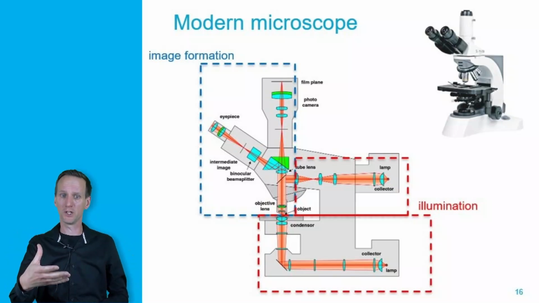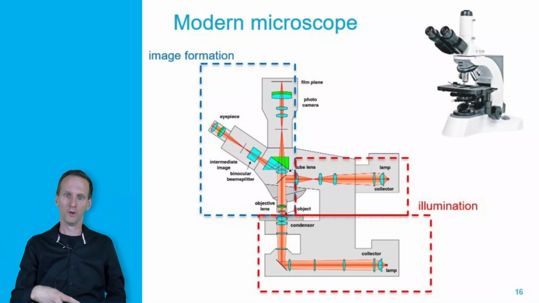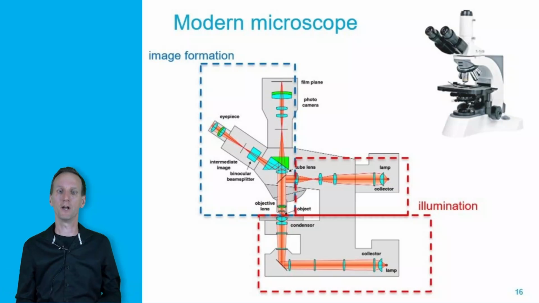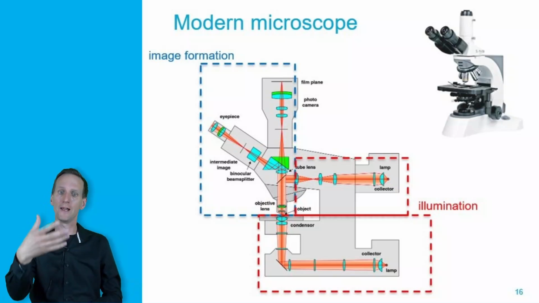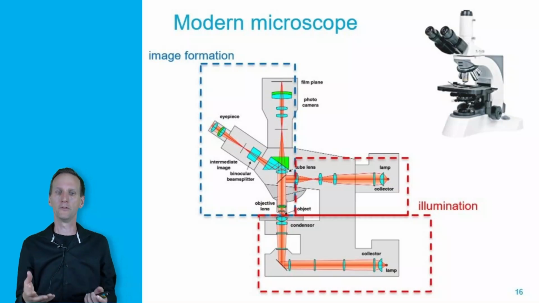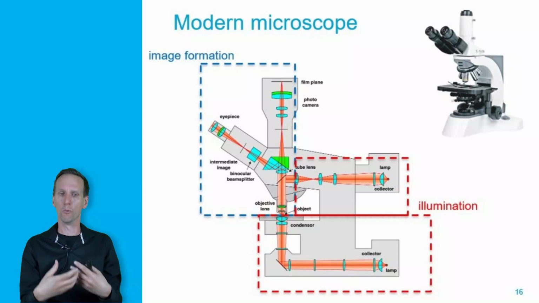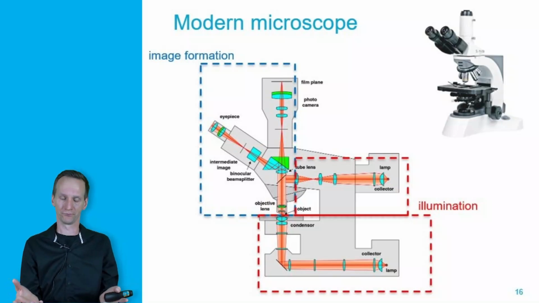So there are two illumination systems, one for if the light comes from below the sample, one if it comes from above, and you see them in the dashed red boxes. The lenses in these illumination systems are meant to take the light from the source and project it homogeneously onto the sample.